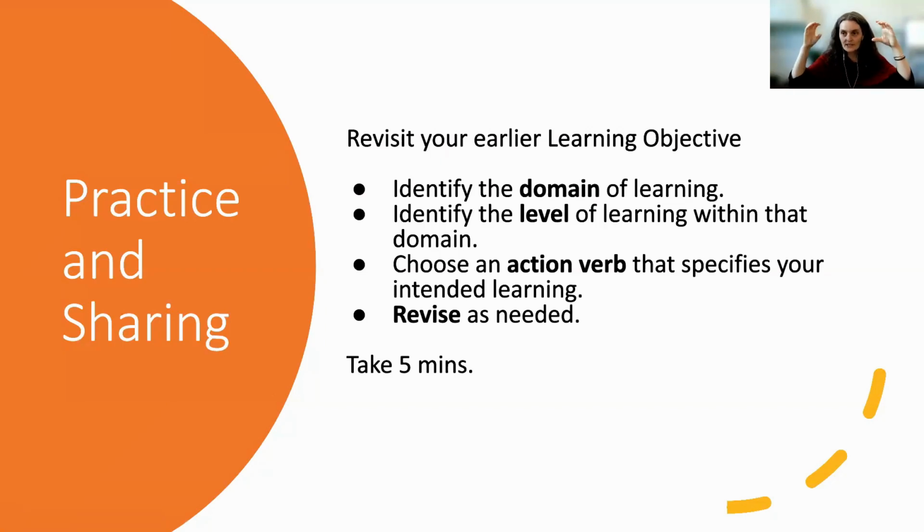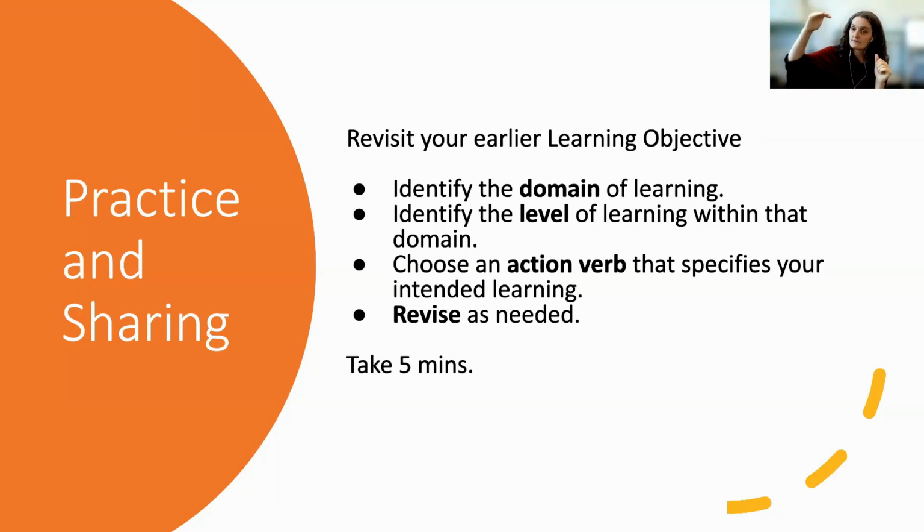So you have your learning objective from before, like 20 minutes ago that you wrote. Now that you have the Bloom's taxonomy, we'd like you to look at it again, and maybe you already did this, and that's awesome. See if you can identify the domain: whether you think it's psychomotor, cognitive, or affective, or maybe sort of going in between two.